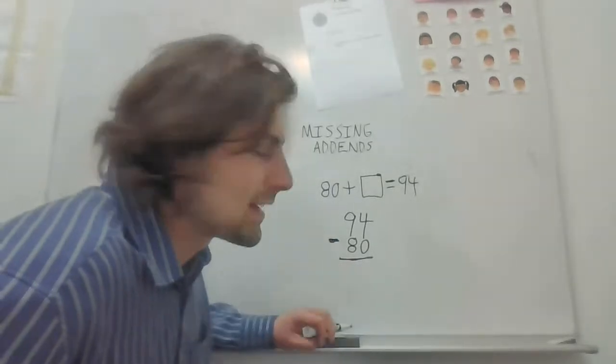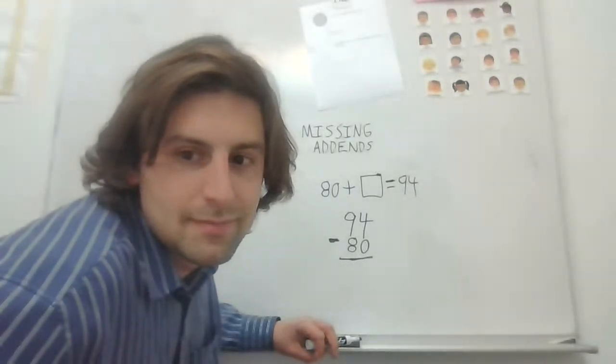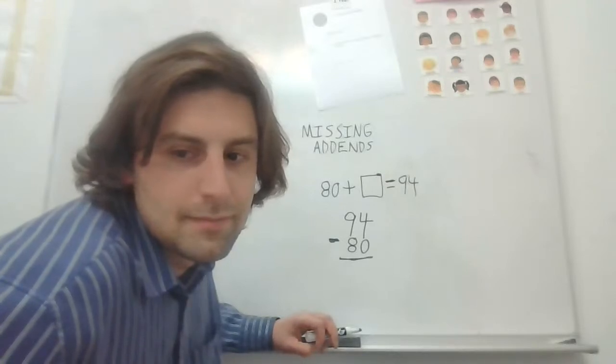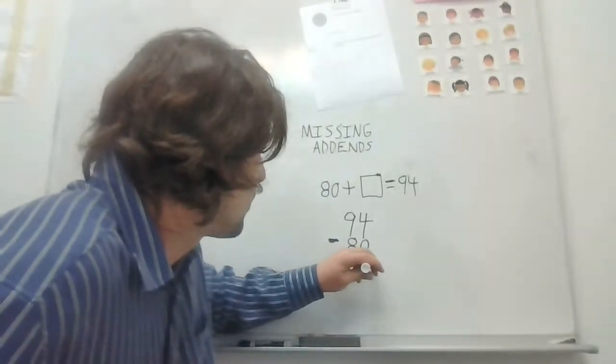Chat set up the problem correctly. Now, chat, tell me what the answer is. Write the answer. Four minus 0 equals 4. 9 minus 8 equals 1.